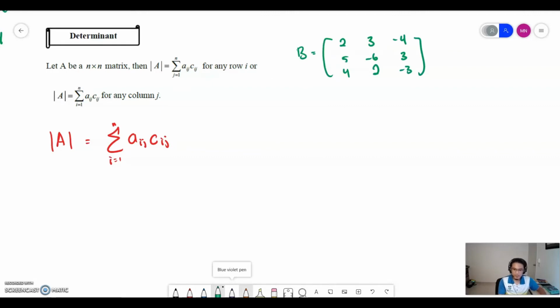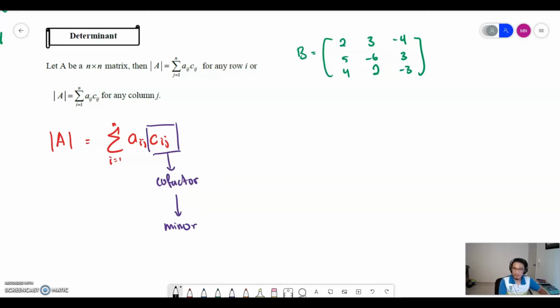Back to the formula for determinant, we can see right here we have a cofactor. Inside the formula for cofactor, we have a formula for a minor. So that's why we need to know the minor first, then cofactor. Only then can we solve to find the determinant.